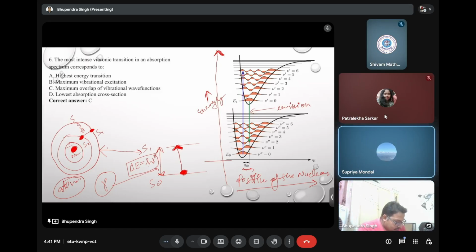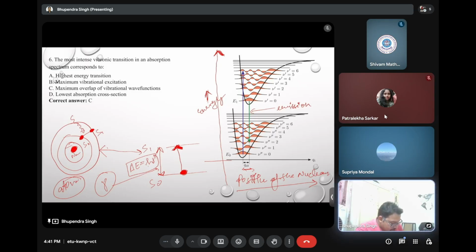Then tell me why this purple line starts from V double prime 0 from here and goes here to V prime 6, the sixth vibronic state of the excited state, and then emission is coming only from the first vibronic state of the excited state to the ground state, let's say here the second vibronic state of the ground state.